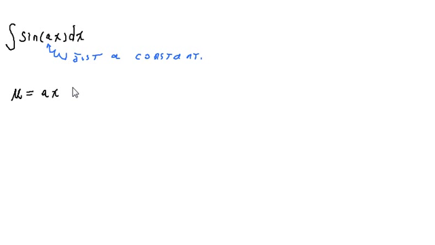And so if u is equal to ax, I am now going to differentiate this with respect to x. So this implies that du dx is going to be equal to a, precisely as stated. And I multiply by dx on both sides. So this implies that du is equal to a dx.